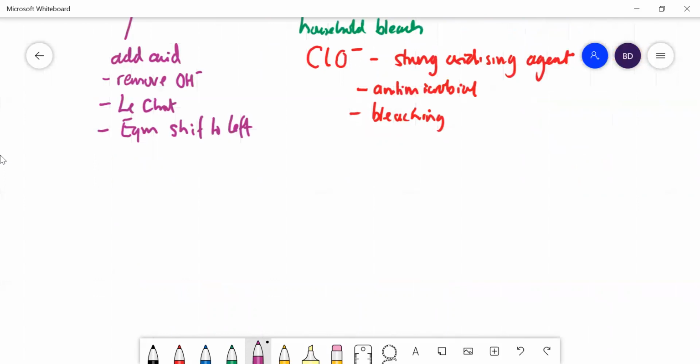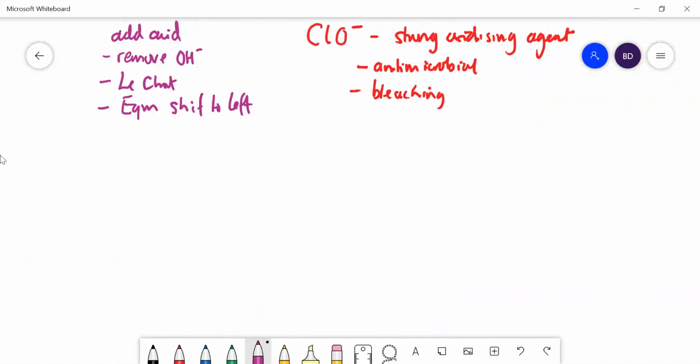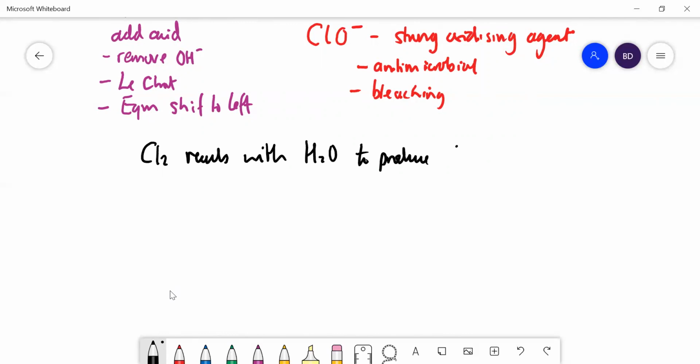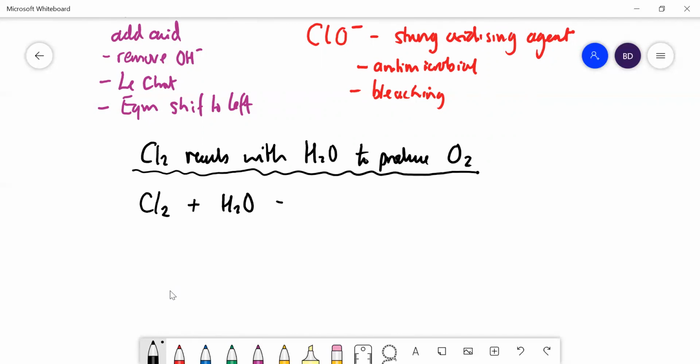There's one other little line in this specification which you should be aware of. It says chlorine reacts with water to produce oxygen. We can explain that. Chlorine, we've seen before, will react with water in an equilibrium reaction.